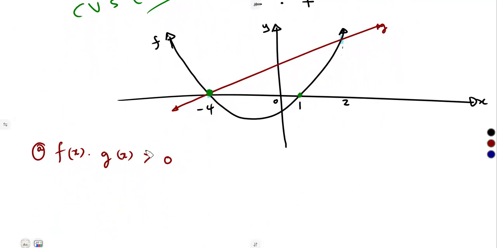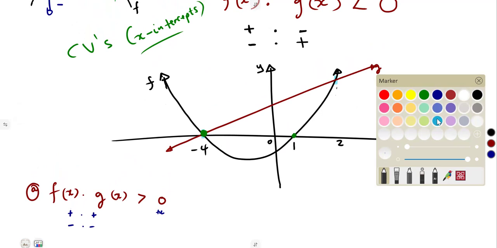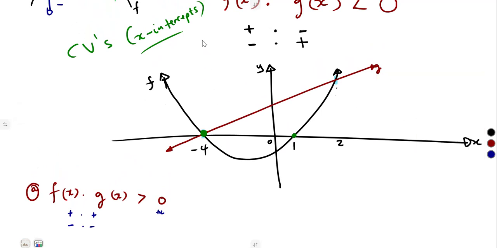So this is what we are going to consider. It is for us to have a positive here. So this can be positive, positive, negative, negative, from where the critical values, your x-intercepts. At the x-intercepts, draw your vertical line so that you can properly see the regions that are separated.